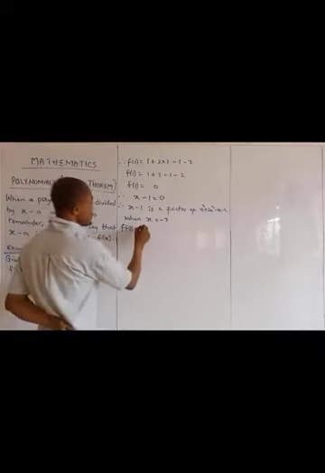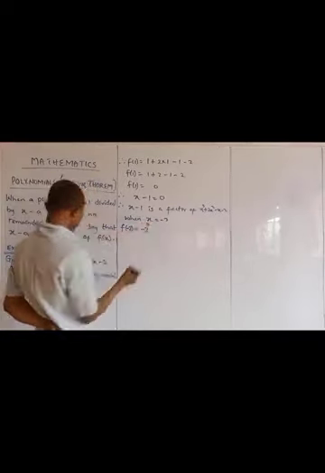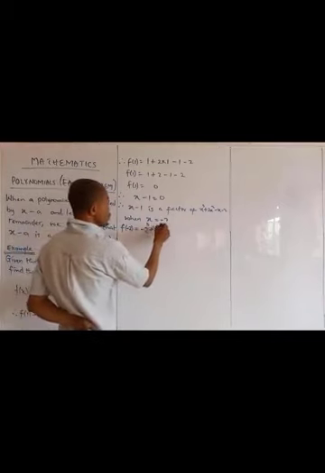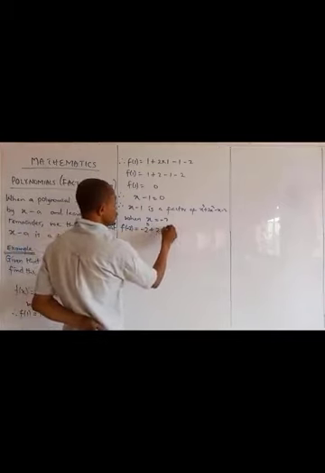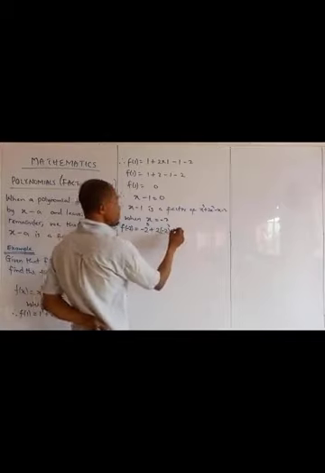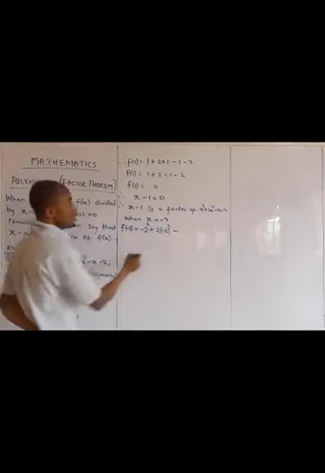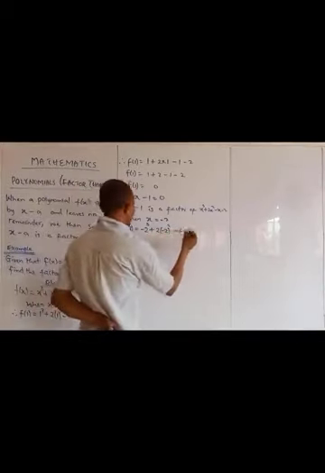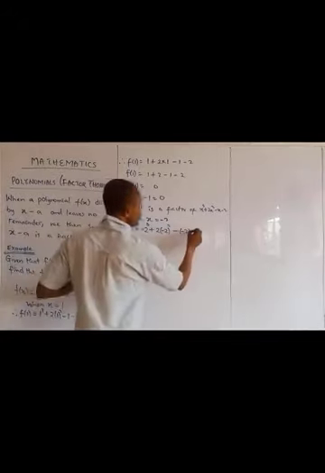So that means you are having negative 2 to the power of 3, plus 2 open bracket negative 2 to the power of 2, then minus open bracket negative 2, then minus 2.